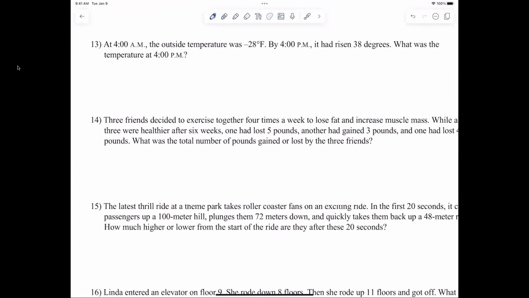Now everybody write the answer down for number 13. And now tell us what the temperature is outside. 10 degrees Fahrenheit. Is anybody having an issue with that? Because it's just -28 plus 38. Does everybody agree? I'm pretty happy with that.